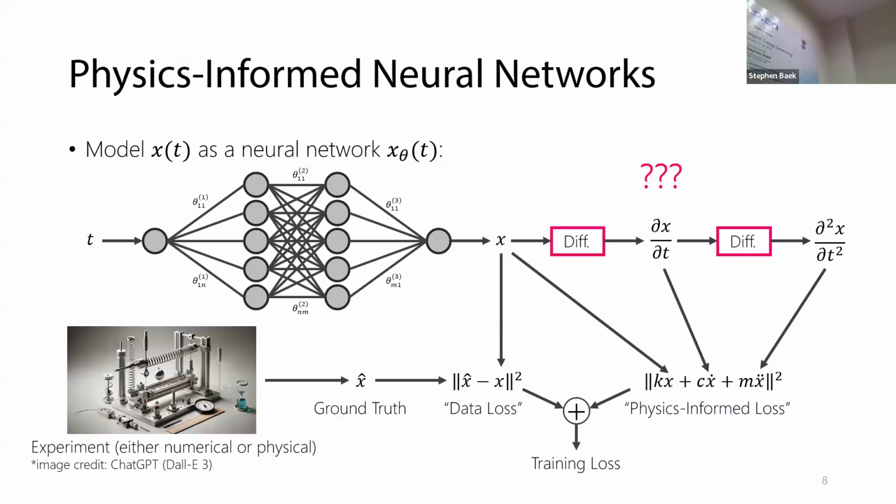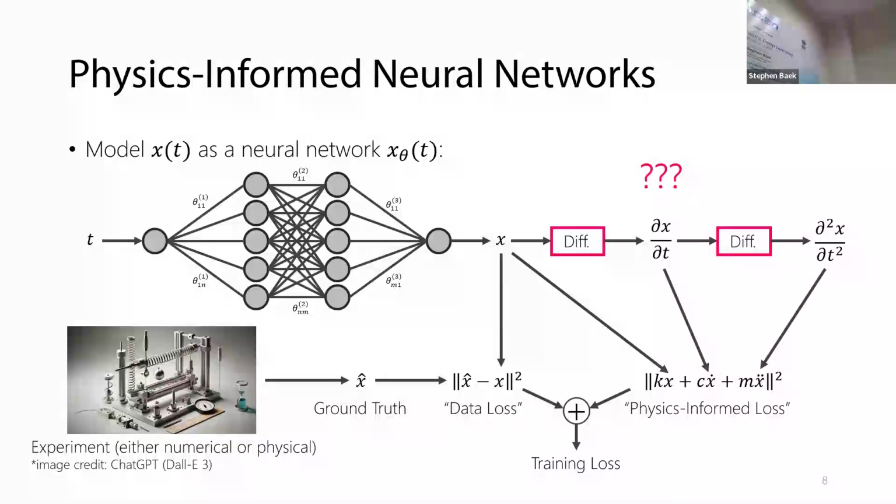So you're going to need to take the derivatives of some neural network model quantity x with respect to time in this case. Also, for the cases of PDE, you will also need to take the derivative of x with respect to some other quantities like position vectors and so on and so forth.